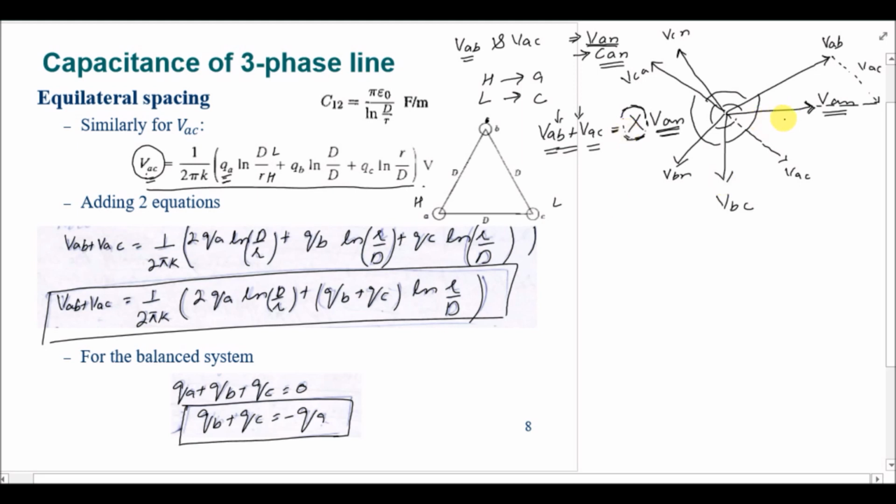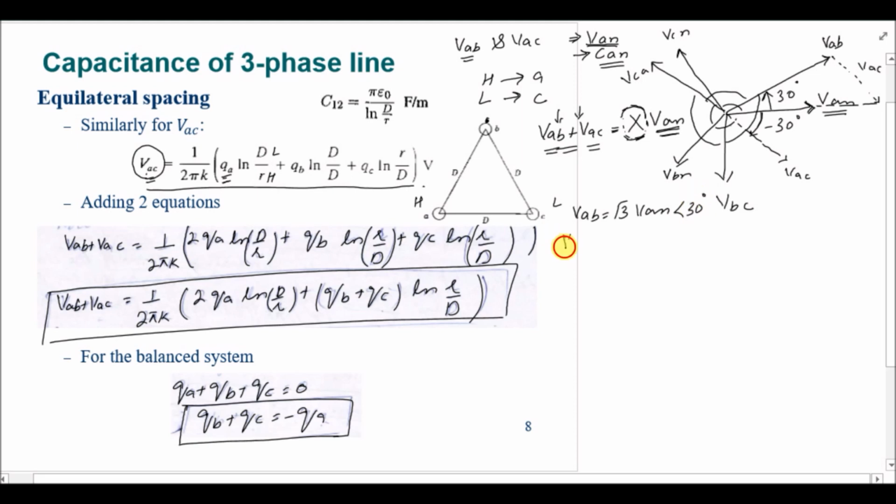And from the figure we know that this angle is 30 degree, which is anti-clockwise, and this angle is minus 30 degree, which is clockwise. So the angle measured in clockwise direction is negative, and the one that is measured in the anti-clockwise direction is the positive value. So we can say that VAB is actually equal to root 3 VAN angle 30 degree.